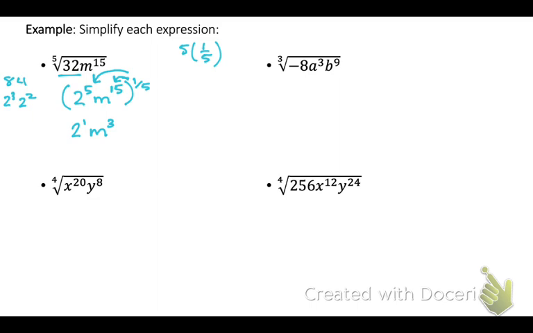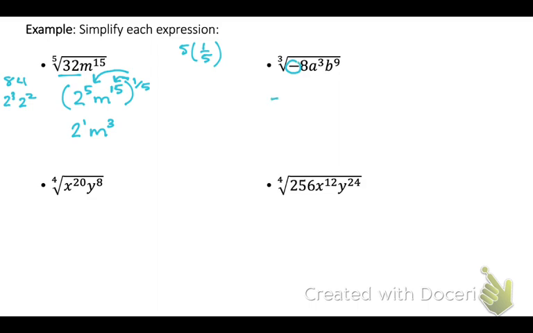Okay, so let's go. Next one. The cube root of -8, a to the third, b to the ninth. So I'm going to help you guys out a little bit. This is kind of a trick that I got when I was messing it up a lot because I didn't want to remember which rule was for what.